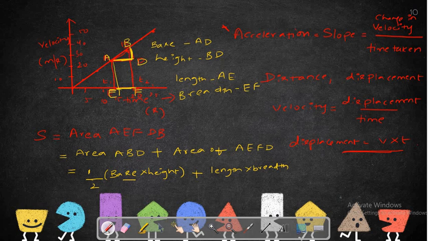So I need to substitute the terms here. So it is equal to half into base, meaning AD into BD, plus length into breadth, meaning AE into EF. This is how we can find the value of the displacement by taking the area under the graph.